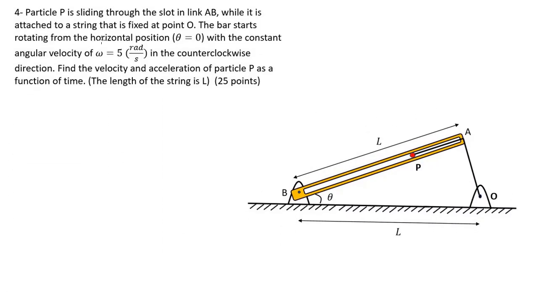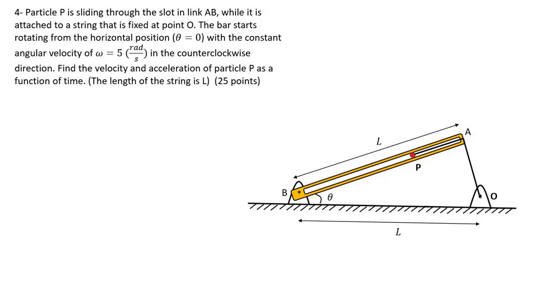So particle P is sliding through the slot in the link AB while it is attached to a string that is fixed at point A. So we have a particle here that is attached to a string, and the string is just pinned at point O. The bar starts rotating from the horizontal position, so theta equal to 0, with a constant angular velocity omega of 5 radians per second in the counterclockwise direction.